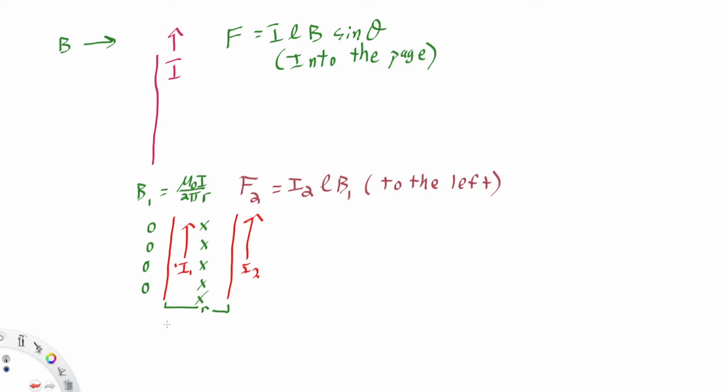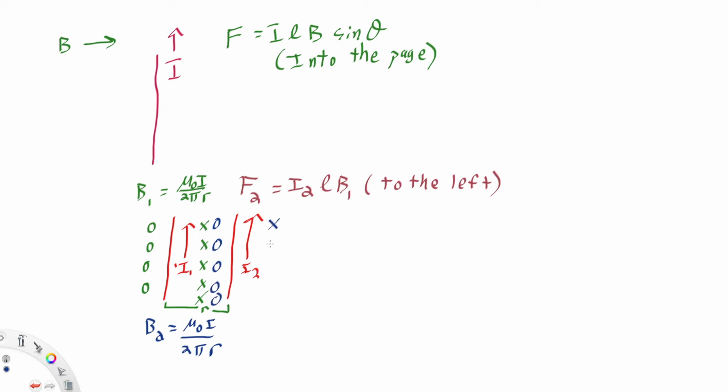So all right, let's do the same thing, but we'll start with wire 2. There'll be a B field created by wire 2. Same expression. And wire 2, right? Right-hand rule, current goes up, curl your fingers around. The B field due to wire 2 will be going out of the page on the left side of wire 2.